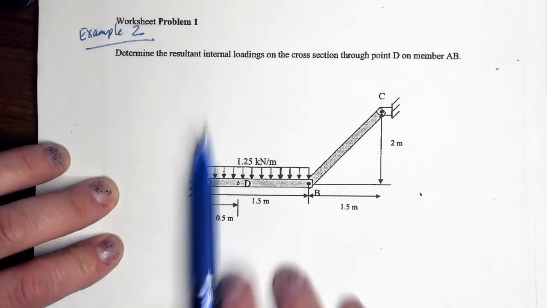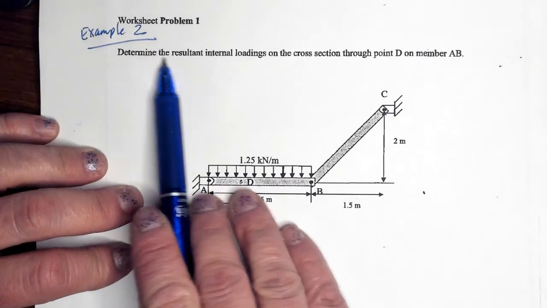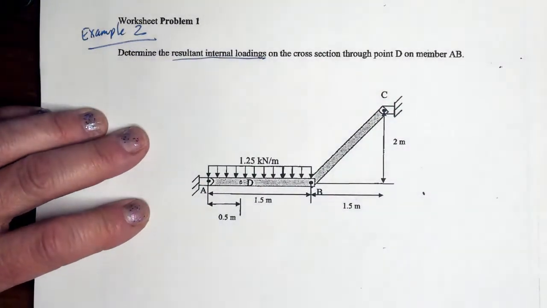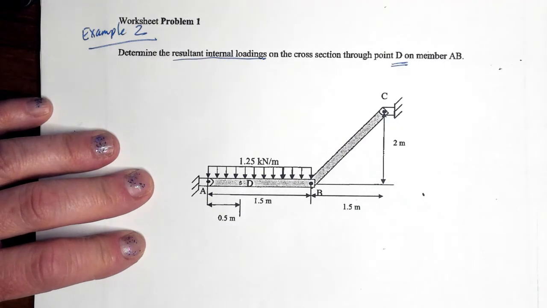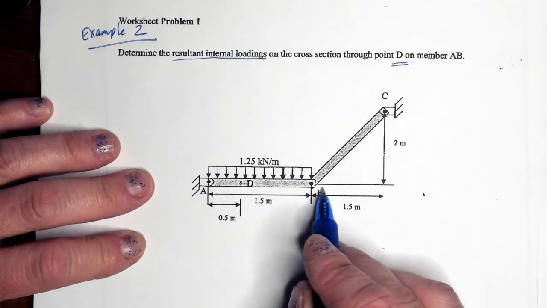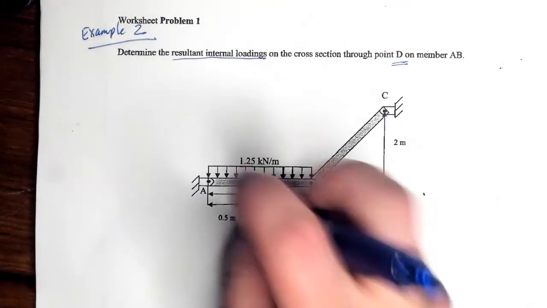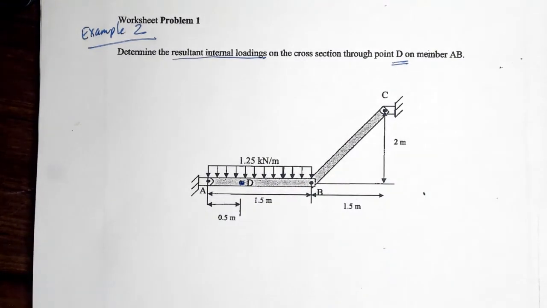We're supposed to take this system and determine the resultant internal loadings on the cross section through point D. Right there. On this member. So we're going to be looking at this member by itself. And there is a node here that's been identified at 0.5 meter.